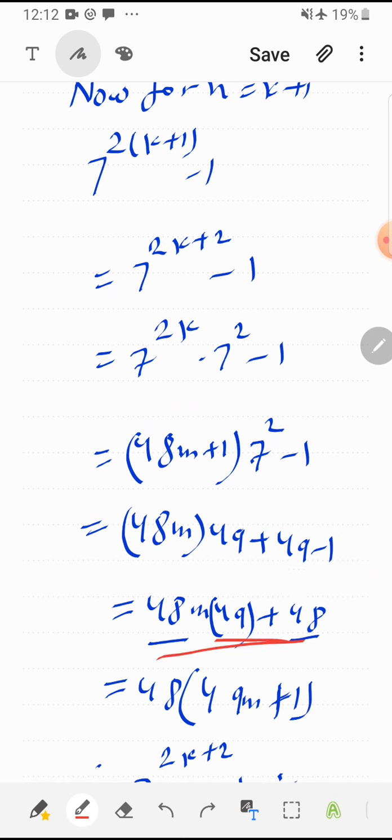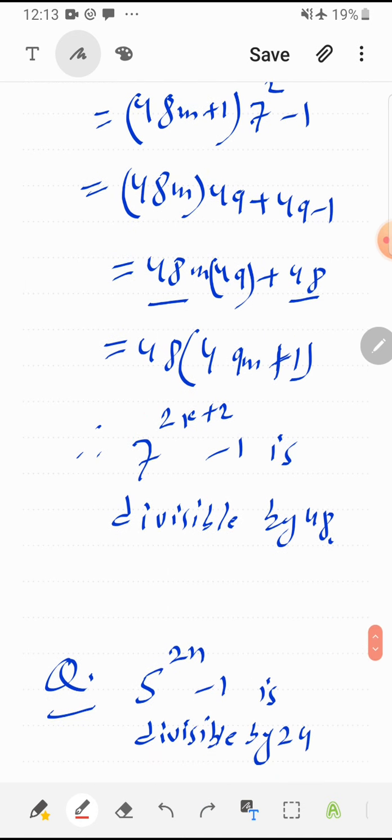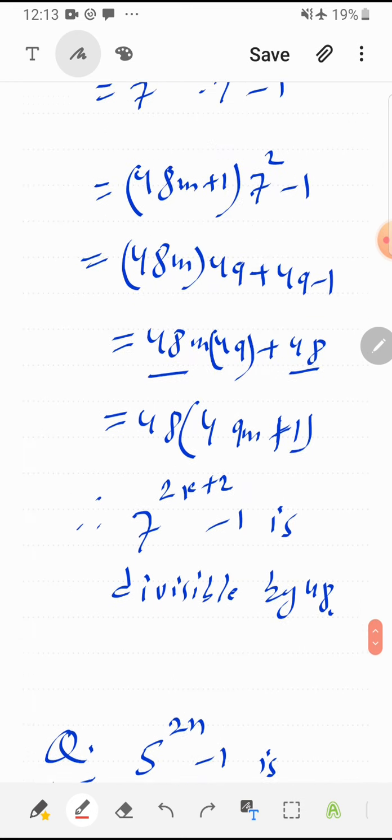So clearly 48 is common to these two terms. I am taking 48 common, and finally I have reduced this expression to 48 into something natural. So that's it. We have proved that this is divisible by 48. Hence the result is true for all natural numbers.